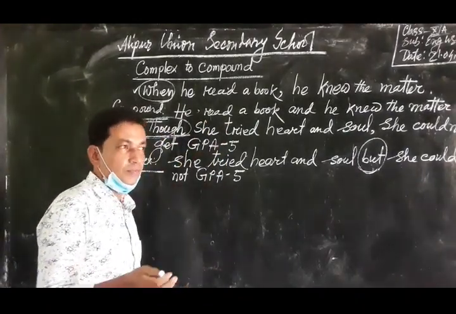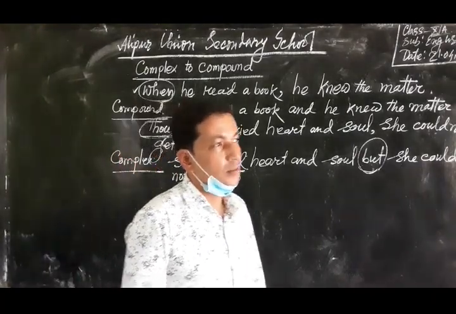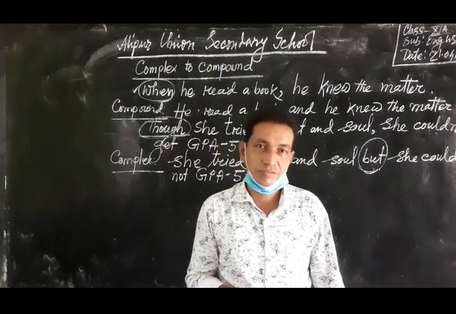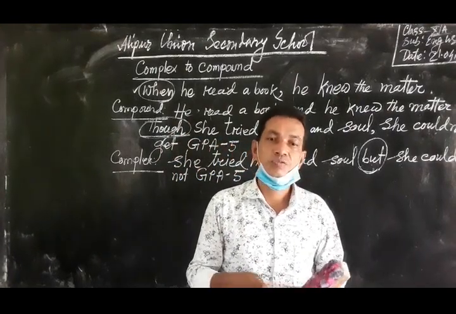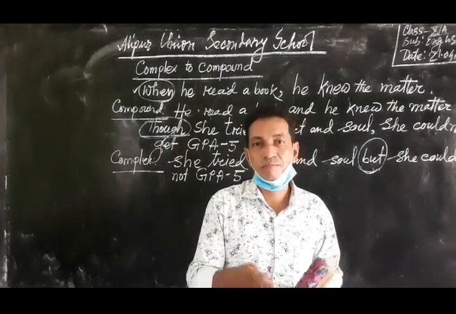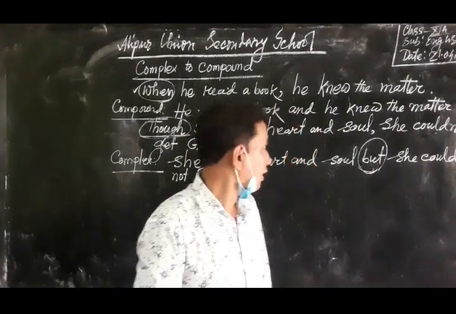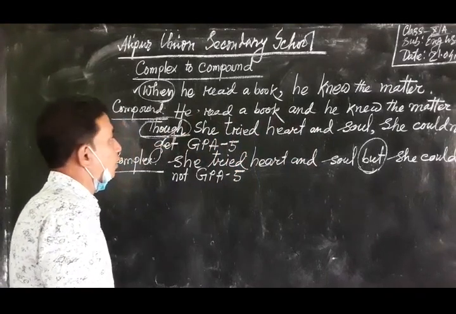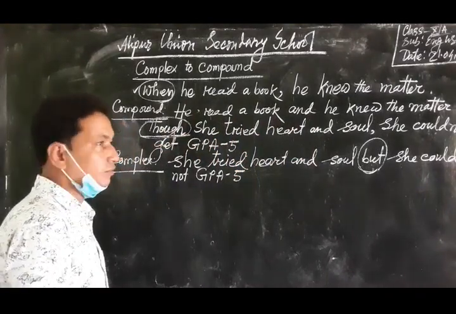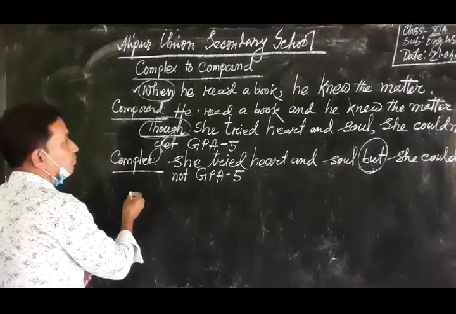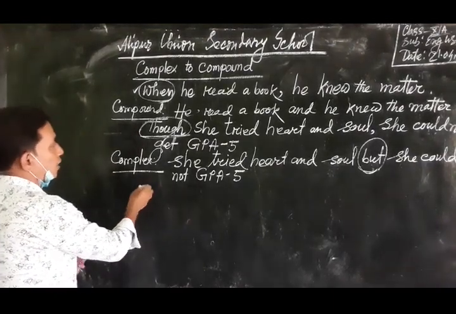So when we see any complex sentence with though, although, or even though, then we have to change the sentence into compound using but in the middle of the sentence. Okay, dear learner. And next I am going to give an example of another item of complex sentence that you see on the blackboard.